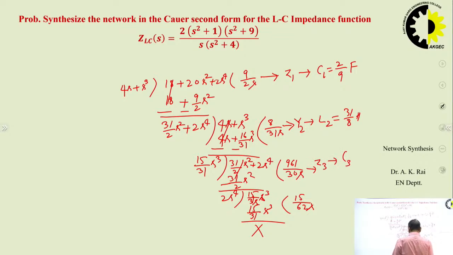So C3 is coming 30 by 961 F. And this is your Y4. So capacitor, inductor, and then we have the L4. So L4 is coming 62 by 15.